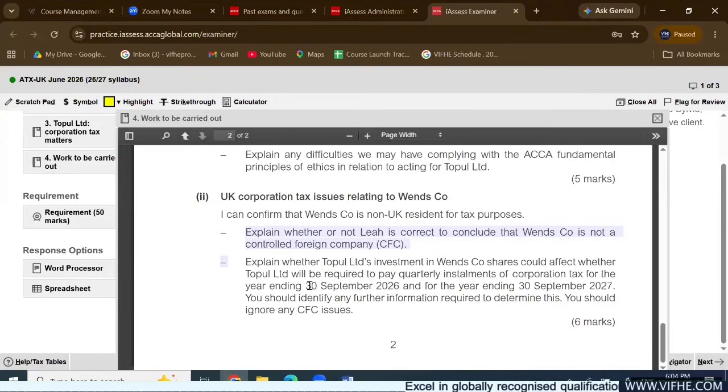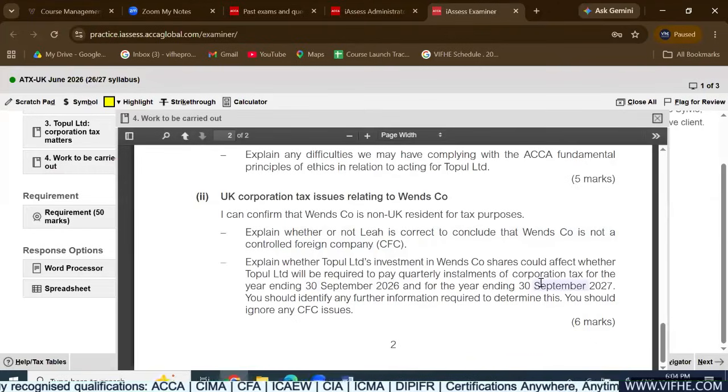But for the year ended 30th September, being the first accounting period after becoming a large size company, there's absolutely no need to worry at all. But for the next year, yes, they will have to start making their corporation tax payments in quarterly installment form.